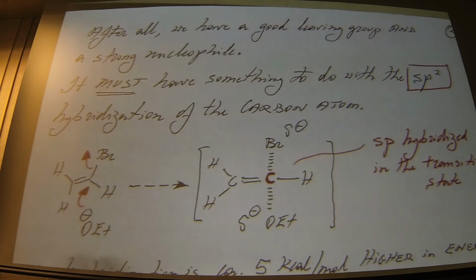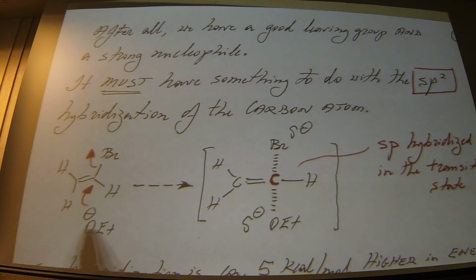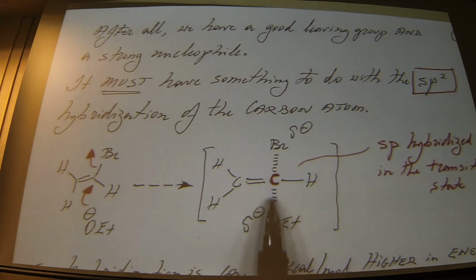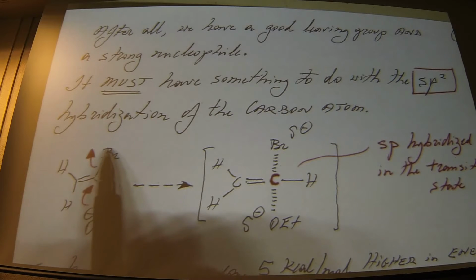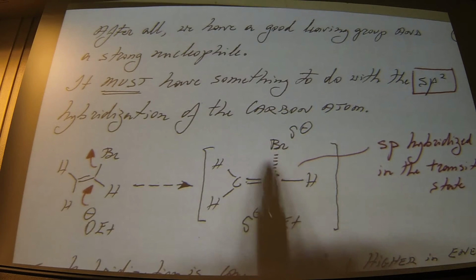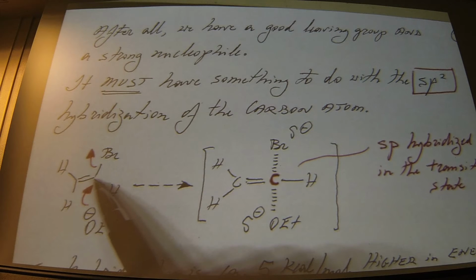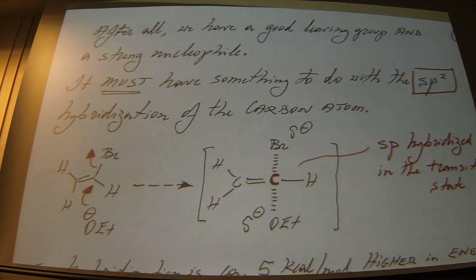So now you have to imagine this ethoxy group acting as a nucleophile, not as a base, approaching this carbon atom, forming a bond from oxygen to carbon. There's that bond as it's forming, and then this carbon-bromine bond stretching out as it breaks. As you approach the transition state, this carbon atom, the one at which the chemical change is taking place, is changing its hybridization.